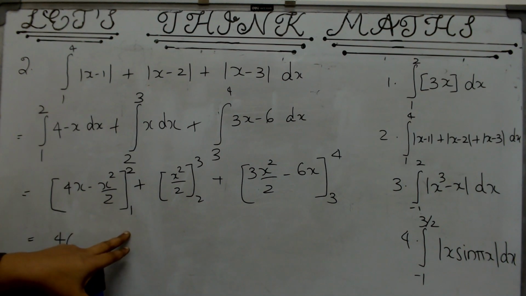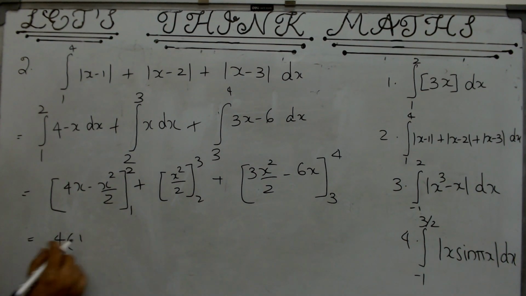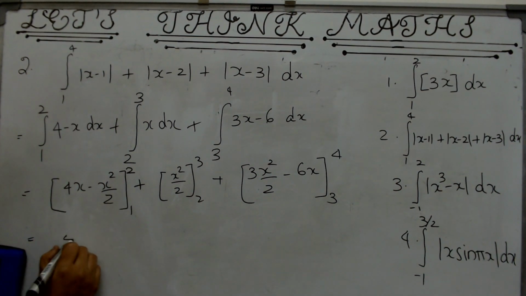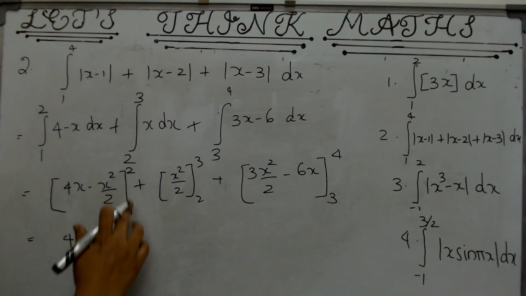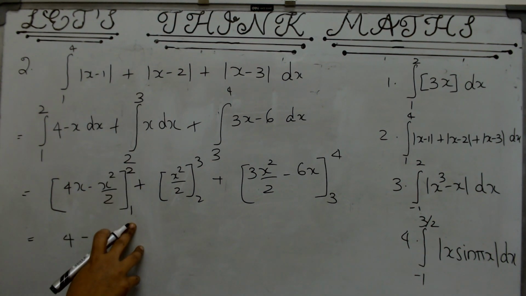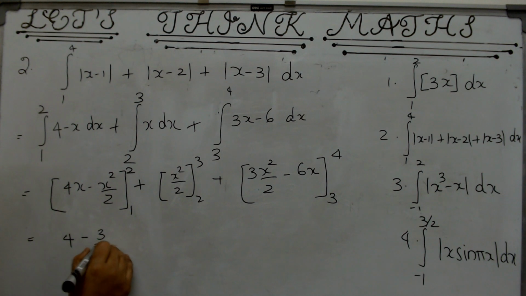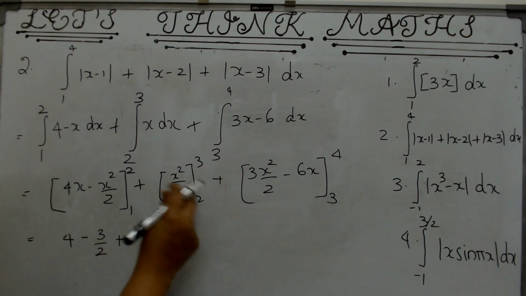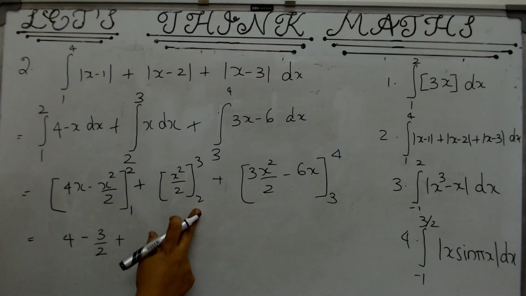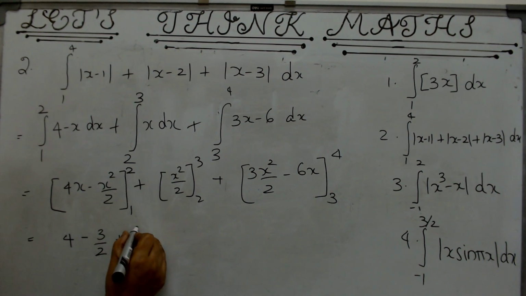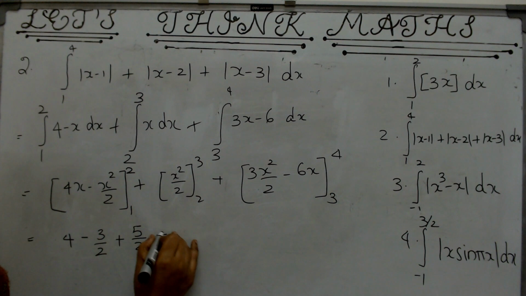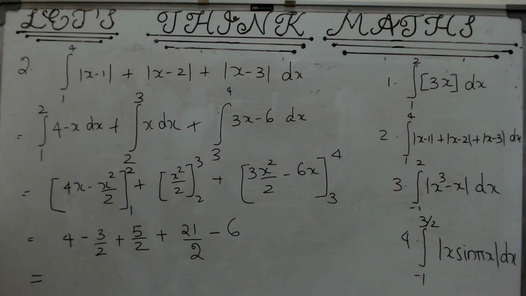So 2 minus 1 would just be 1, minus x square minus 1, 4 square minus 1 would be minus 3 by 2. Here 3 square 9, 9 minus 4 would be 5 by 2. If you calculate, you should get your answer as 19 by 2.